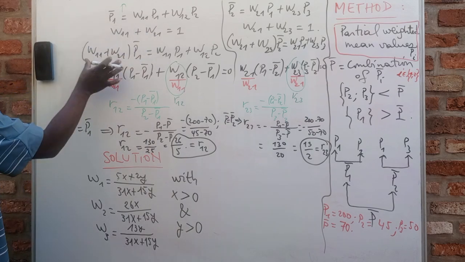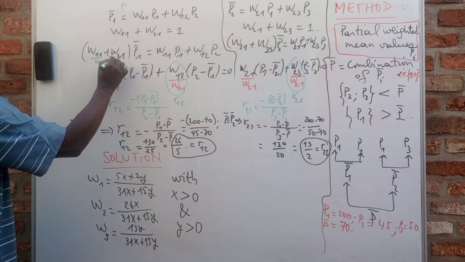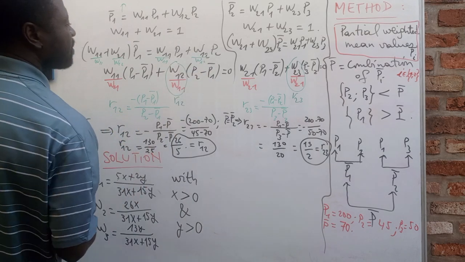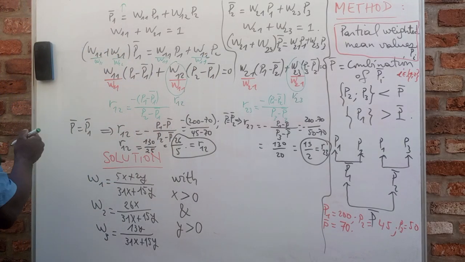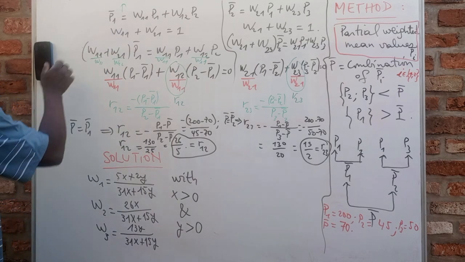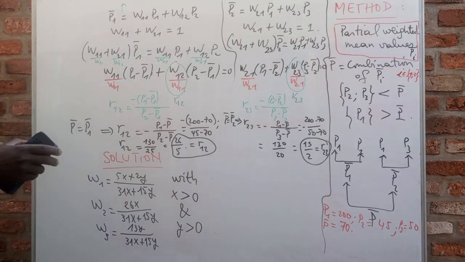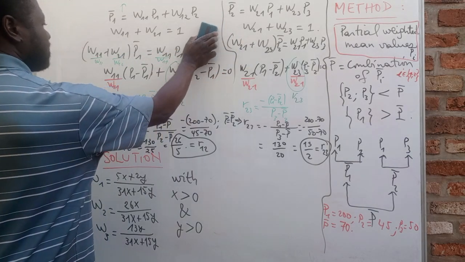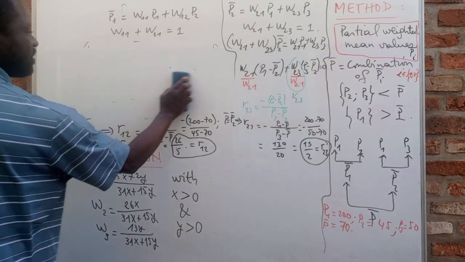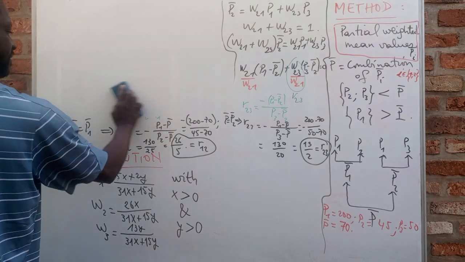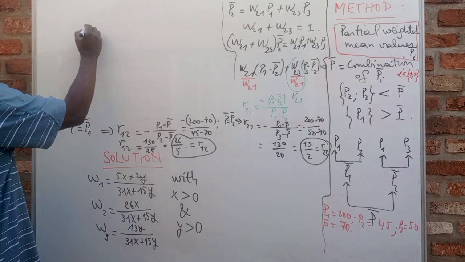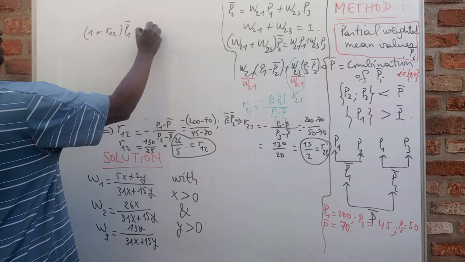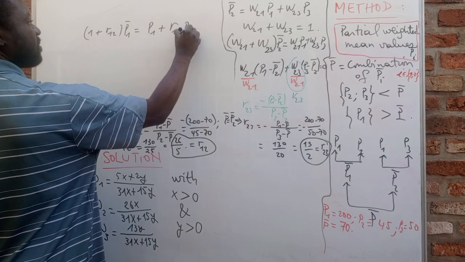By dividing both sides by omega 1 1, we can replace this equation by its equivalent value on this side, and we are going to have something like 1 plus R12 factor of P1 bar equal to P1 plus R12 P2. Something like this.